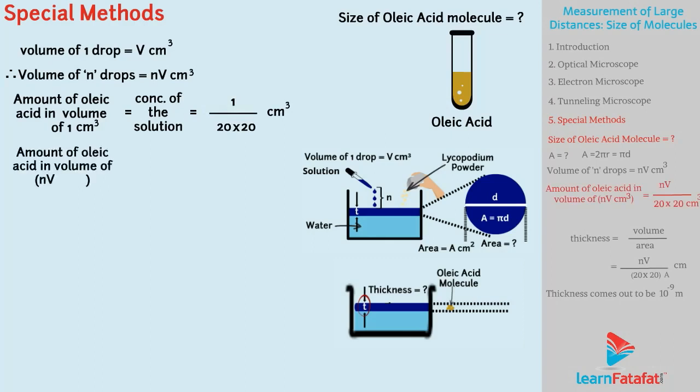Therefore, amount of oleic acid in volume of n into V centimeter cube equals to n into V into 1 upon 20 into 20 centimeter cube, which is equals to nV upon 20 into 20 centimeter cube.